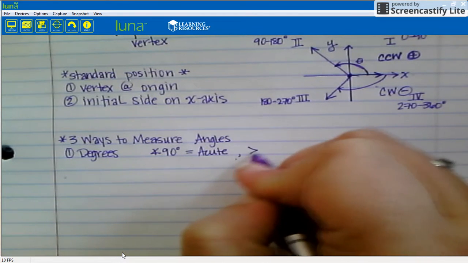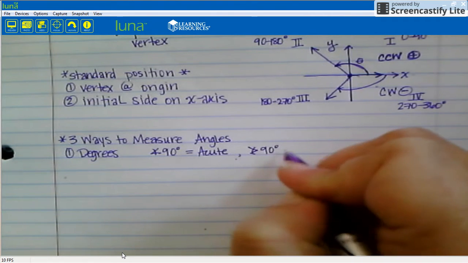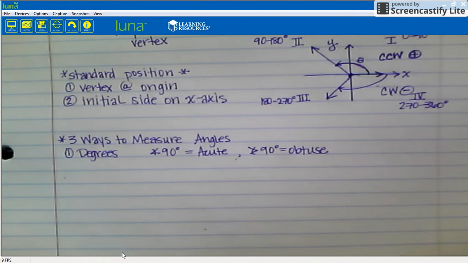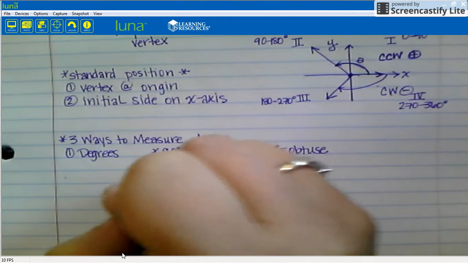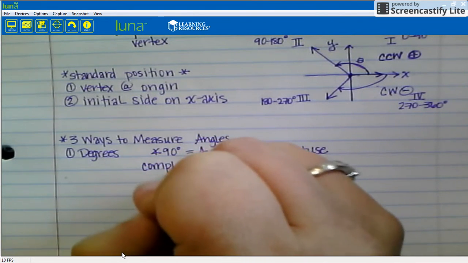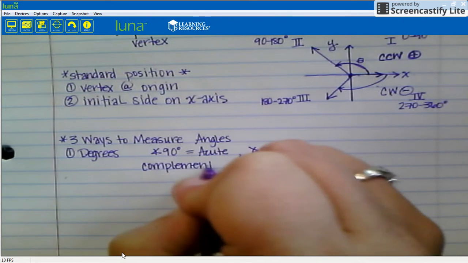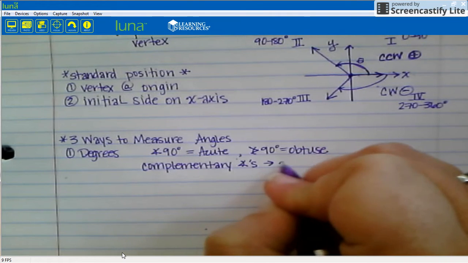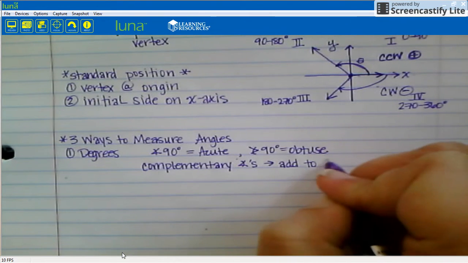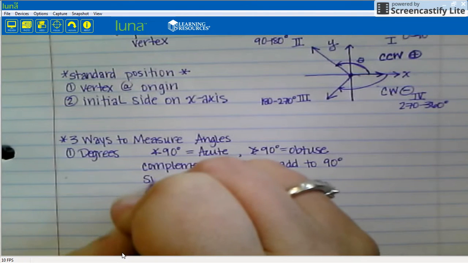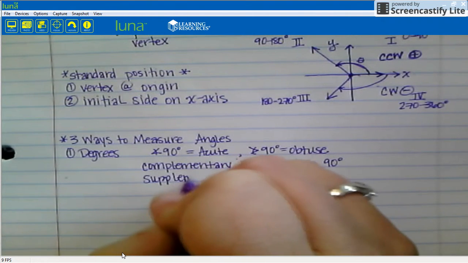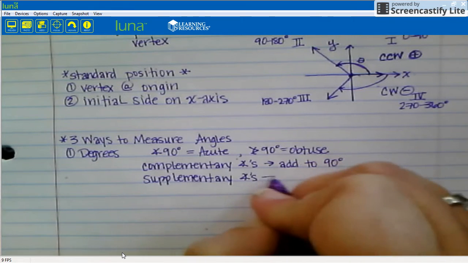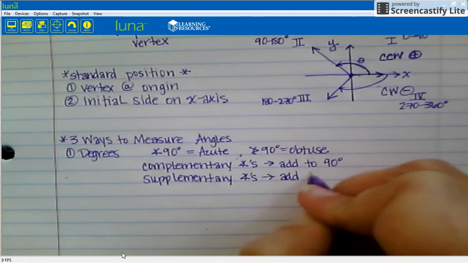If it's greater than 90 degrees, then that's obtuse. We have complementary angles, and they add to 90, and we have supplementary angles that add to 180.